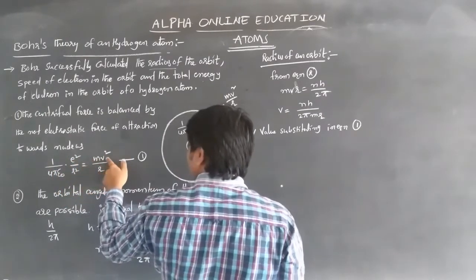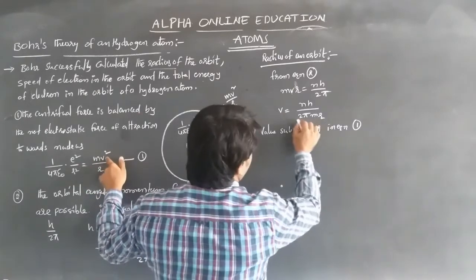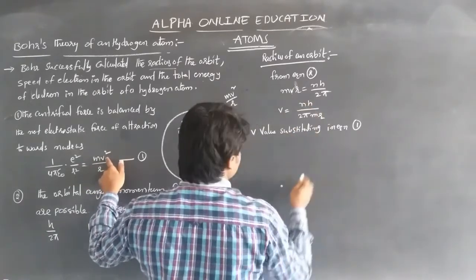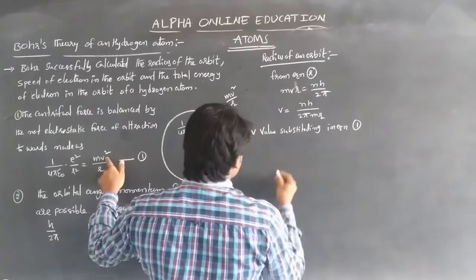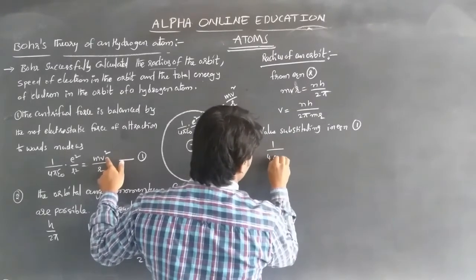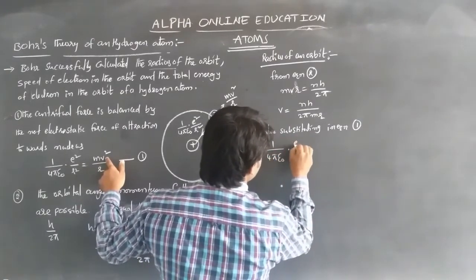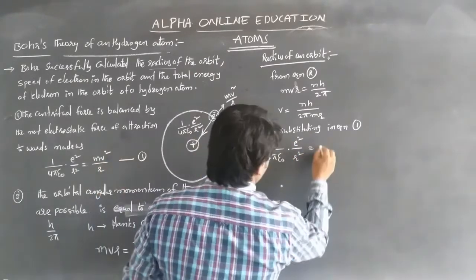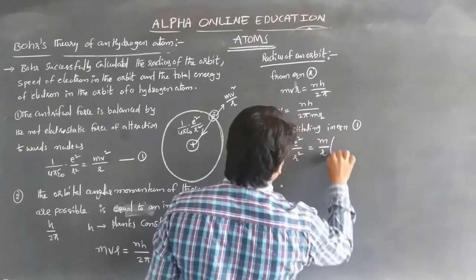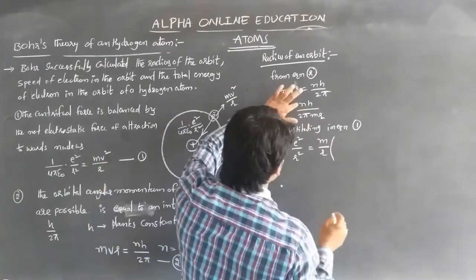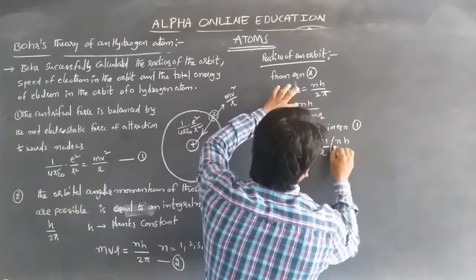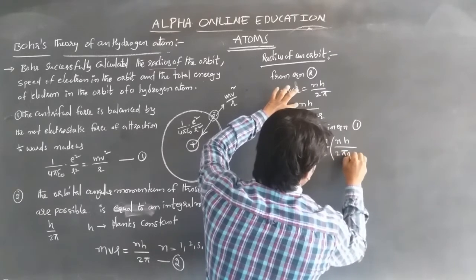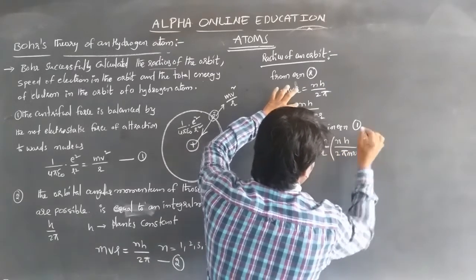Instead of v, we substitute this whole value. Then we get 1 by 4 pi epsilon naught into e square by r square is equal to m by r into nh by 2 pi mr whole square.